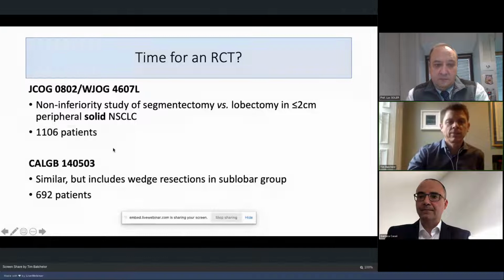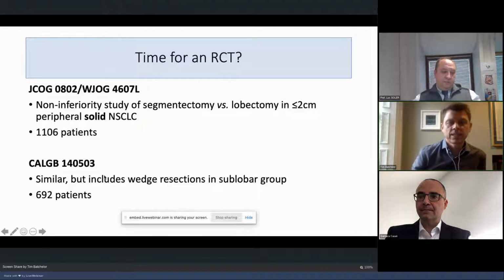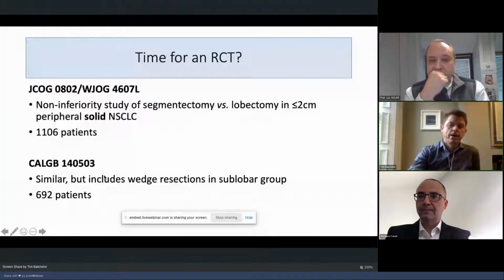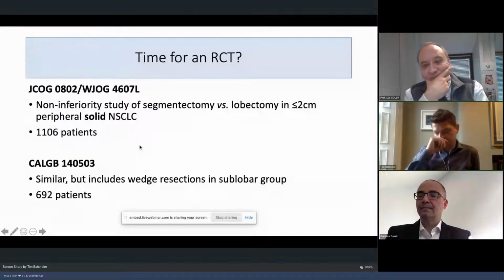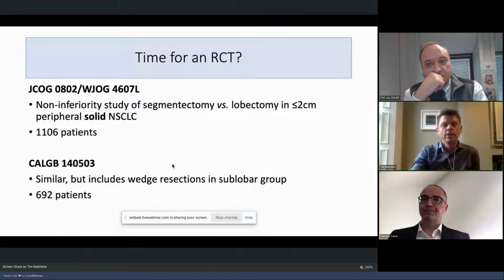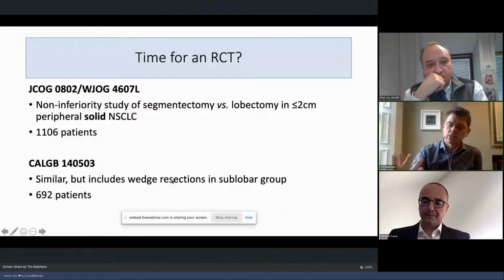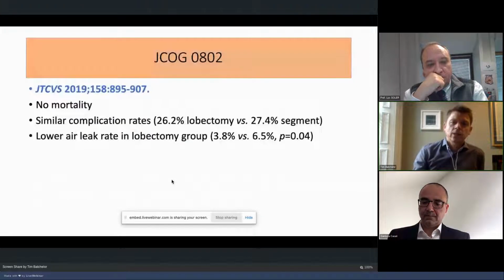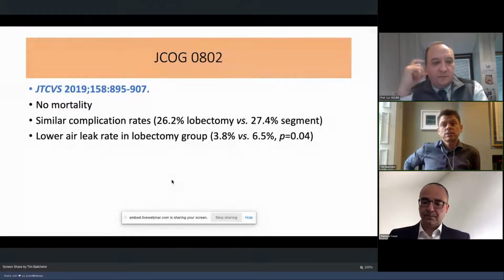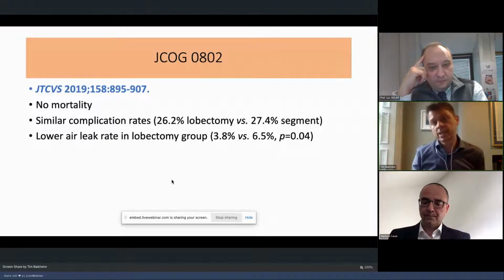Large study, 1,100 patients. CALGB is its equivalent in North America, almost identical protocol, but including wedge resections, and actually wedge resections make up about half of this group. So JCOG published their initial safety results in 2009 in JTCVS, and showed no difference in mortality between the segmentectomy and lobectomy group.